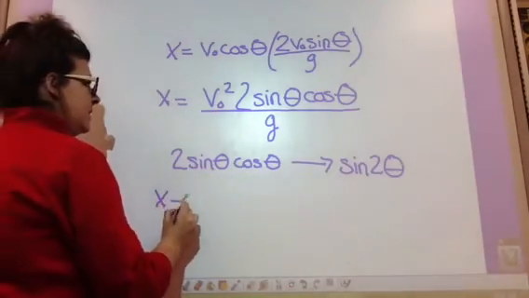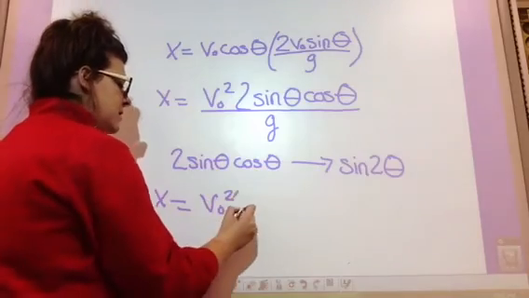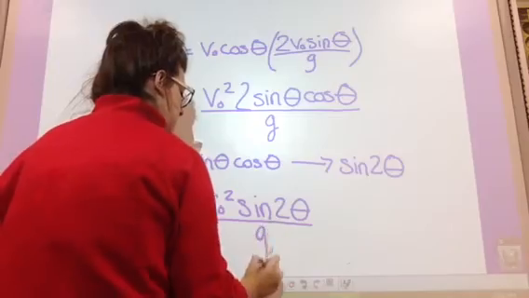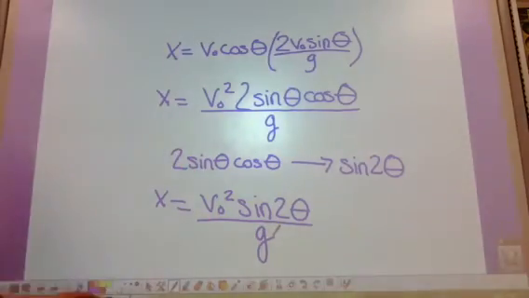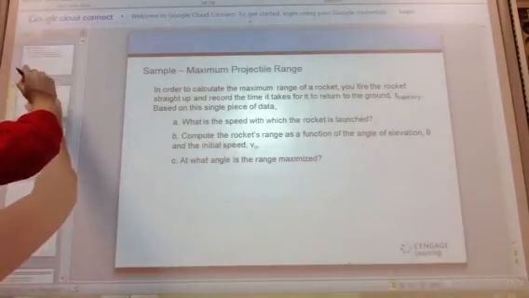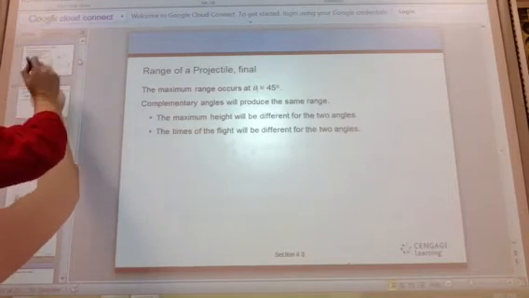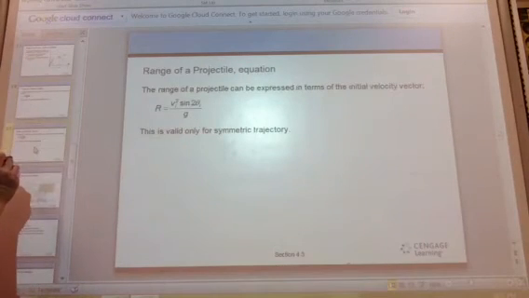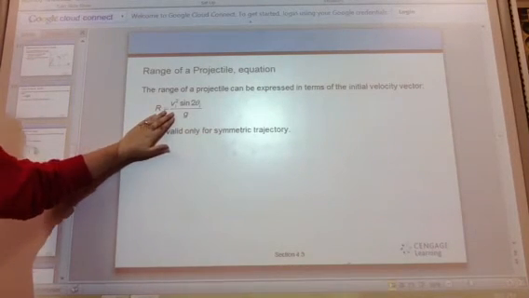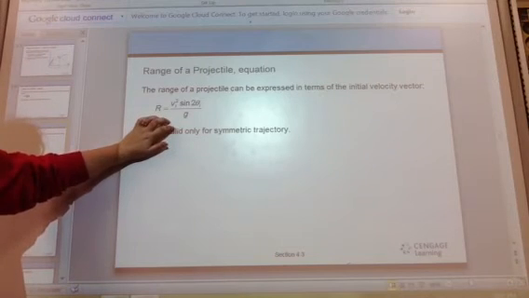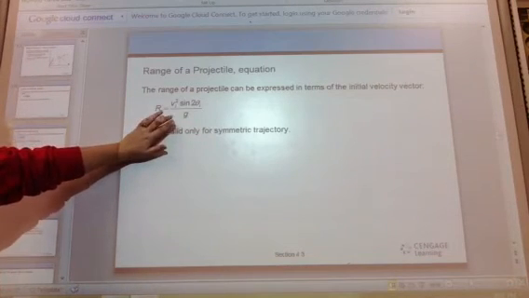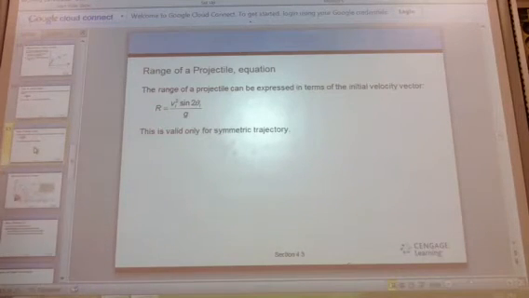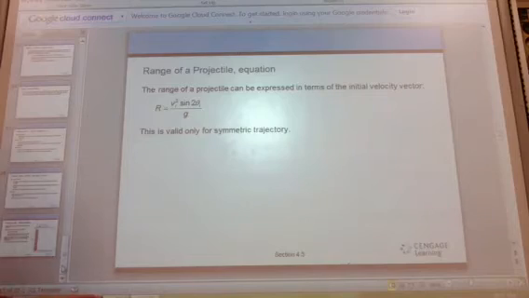So I have x equals V0 squared times sine 2 theta over g. And that's exactly what we have for our range equation that we use when we use those kinematic equations and when we're trying to find range. So we actually just derived our range equation, and you didn't even know it.